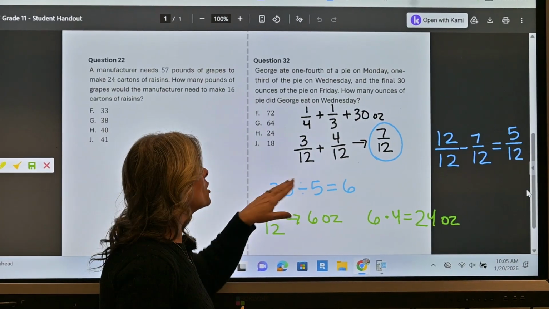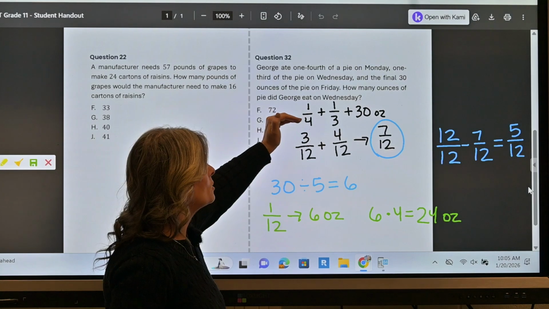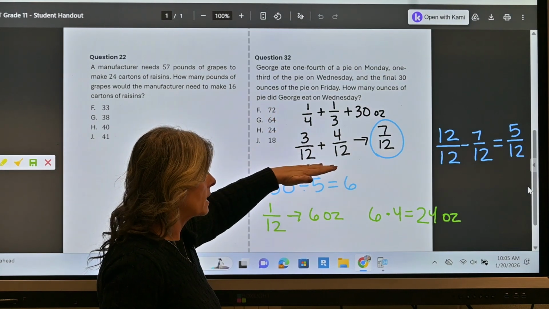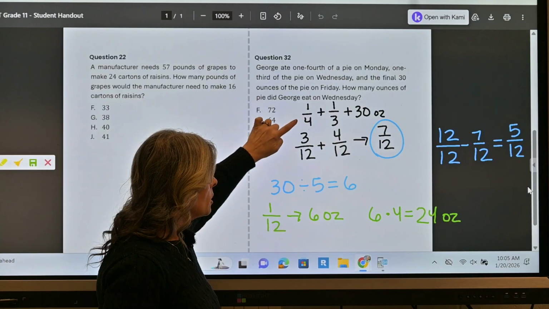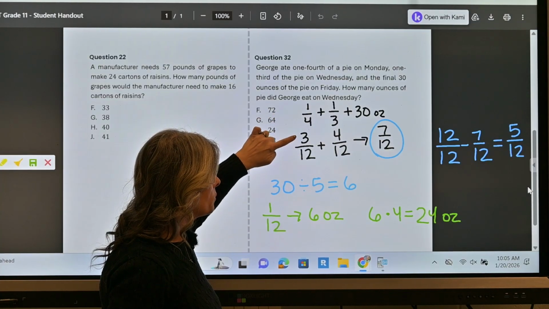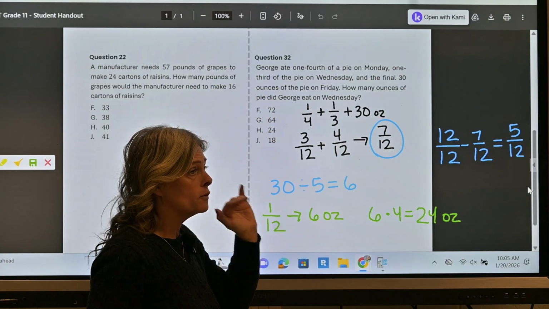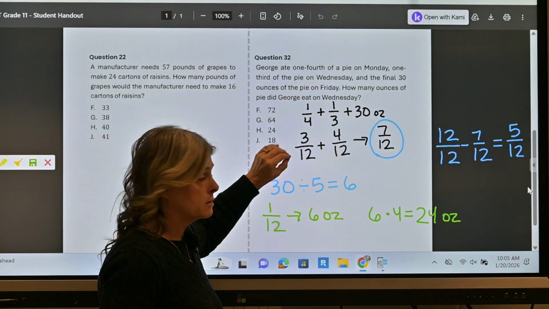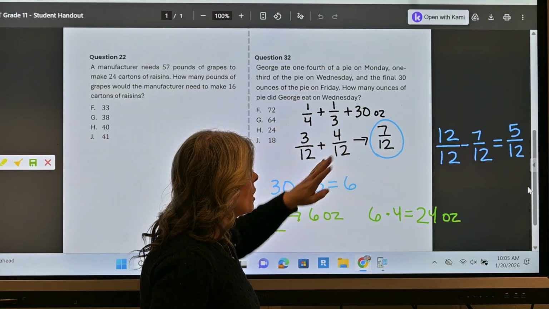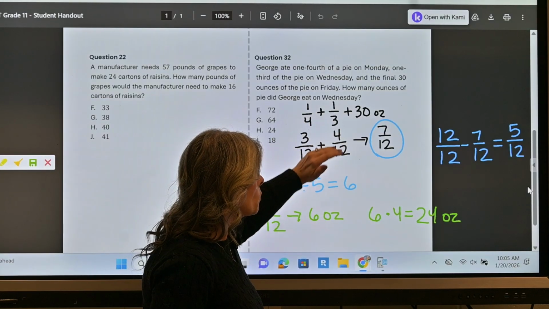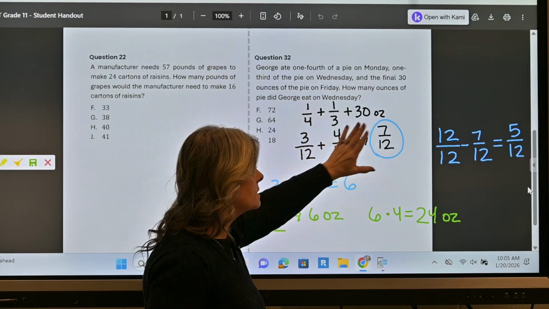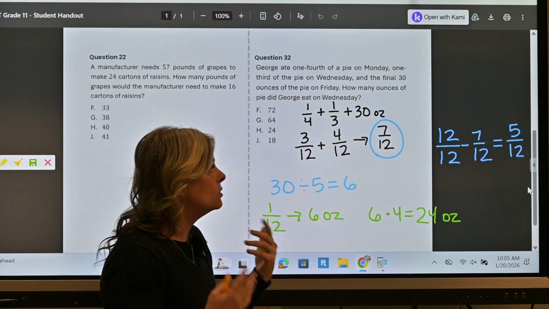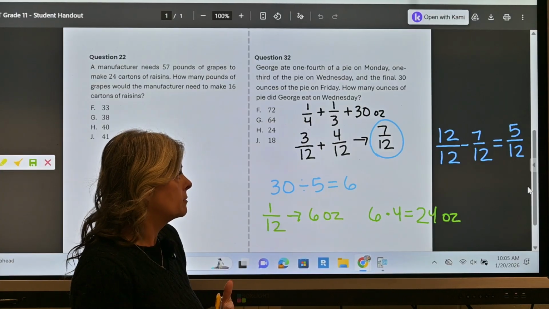So the next step is to make sure that we have the same denominator, okay? So 4 and 3 both go into 12. So 4 goes into 12 3 times. So 1/4 is 3/12. 3 goes into 12 4 times, so 4/12 is 1/3. I added those up to see how many 12s he ate on Monday and Wednesday.